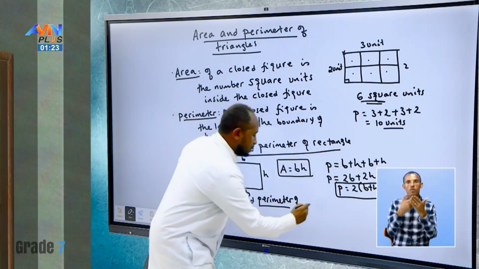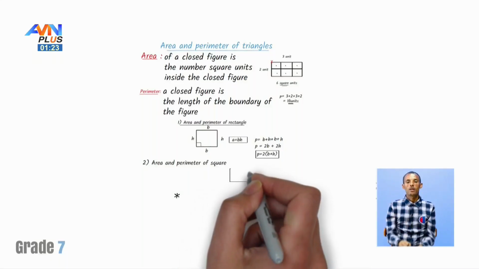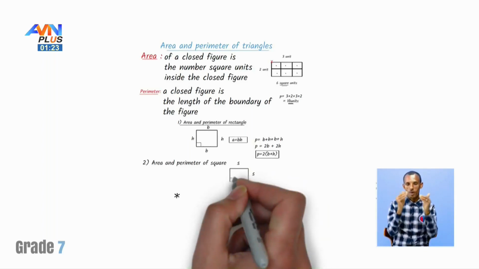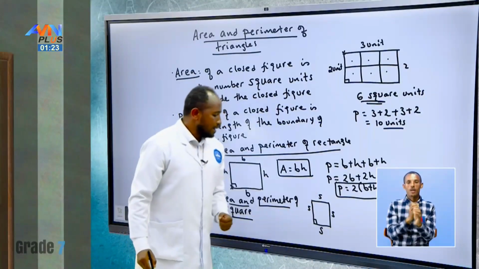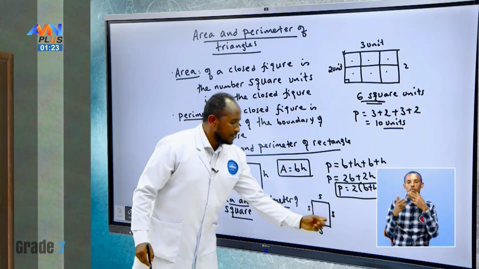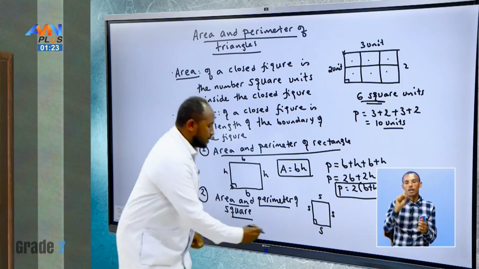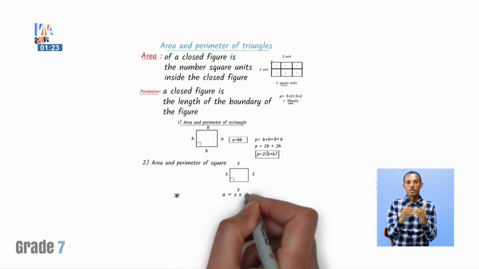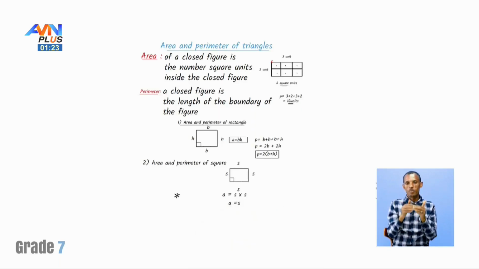Therefore, here, if you have this square, all its sides are the same. Let's assume it is S. To calculate its area, you multiply base and height. S times S gives you S squared. Therefore, the area of this square is S squared.